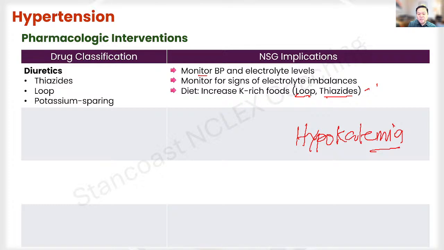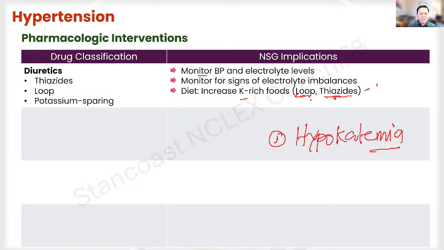Please take note, guys, when they take loop diuretics such as furosemide or thiazides, they can develop hypokalemia. All right. So when we are teaching them, make sure that they increase their intake of potassium-rich foods if they are taking the loop diuretic or the thiazide diuretic.